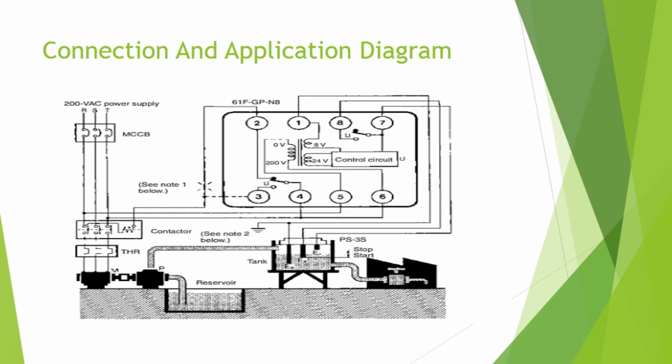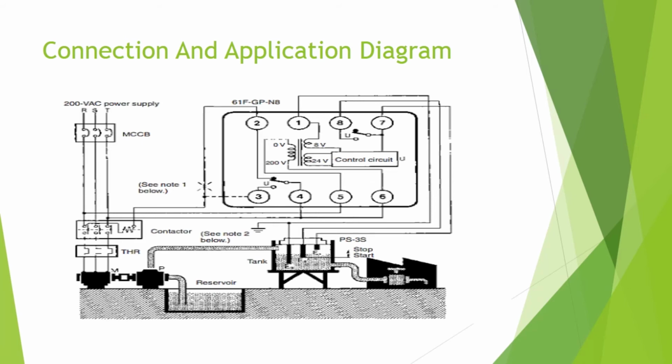It is totally dependent on your application. So here are the 3 electrode pins. These connections go to the electrodes inside the upper level tank. You can see in this picture.